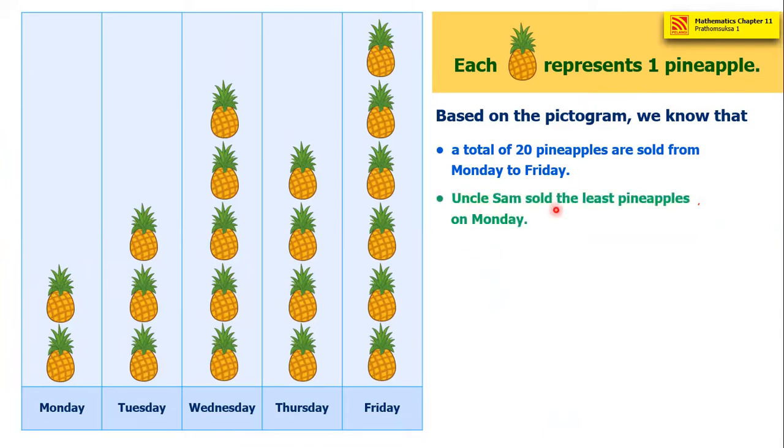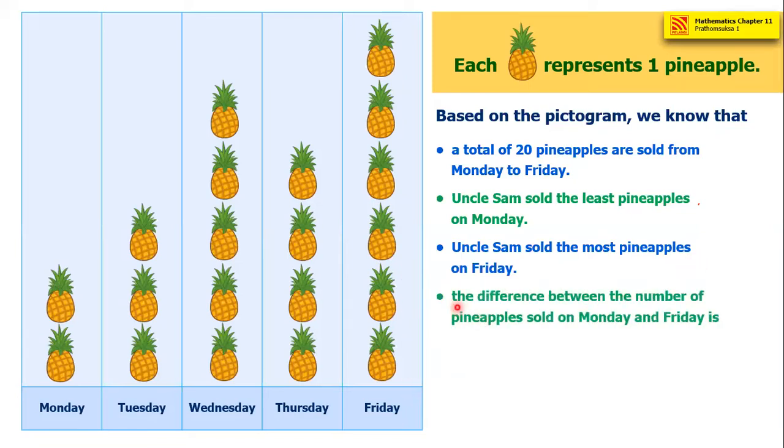So he sold the least on Monday, only 2. And the most on Friday. And if we want to know the difference between the most and the least, then it's a minus, isn't it? We're doing a subtraction.